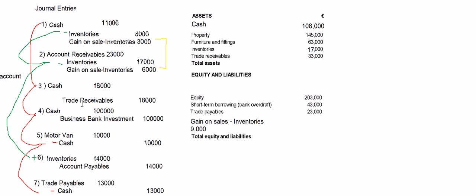Next, we have trade receivable. We reduce 18,000. So in here we have 33,000 minus 18,000. You got about 15,000. The next one is business bank investment.